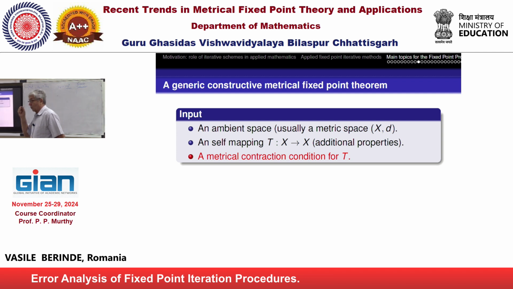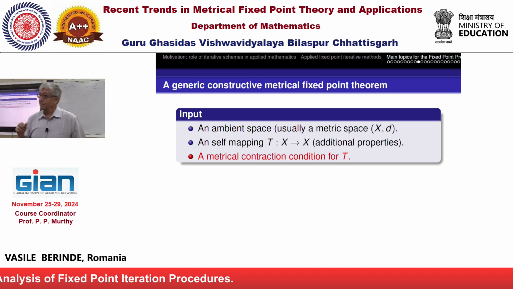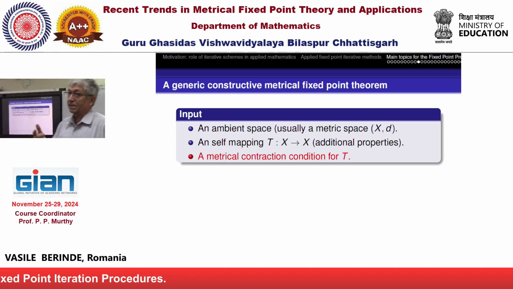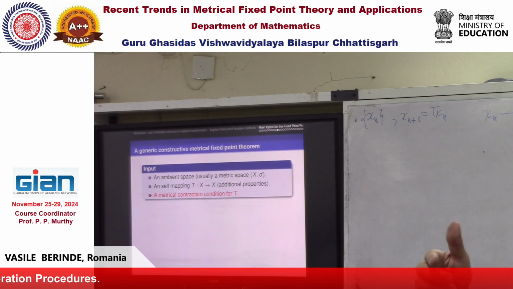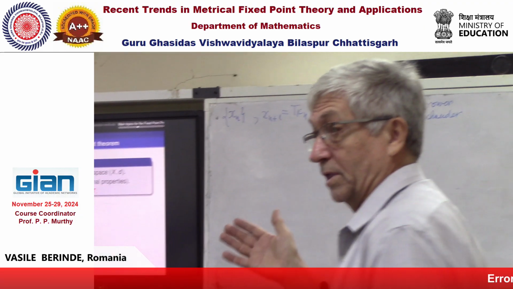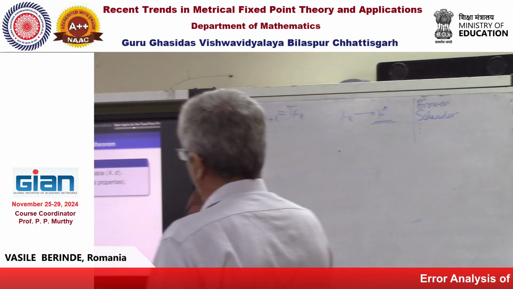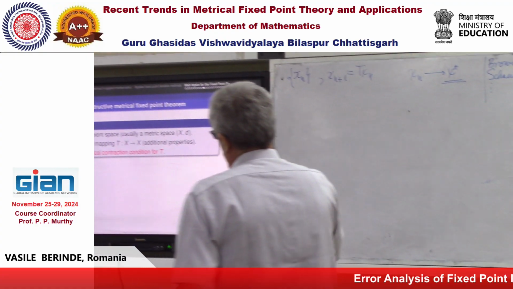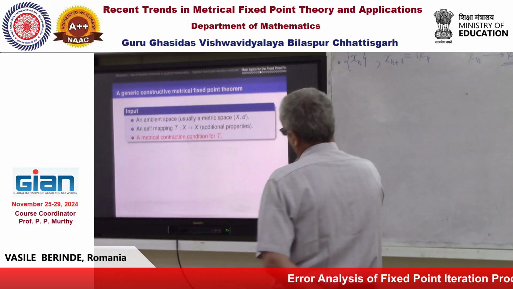As I have shown yesterday, it could be a metric space which is endowed with partial order. So partially ordered Banach spaces, partially ordered metric spaces, and so on.